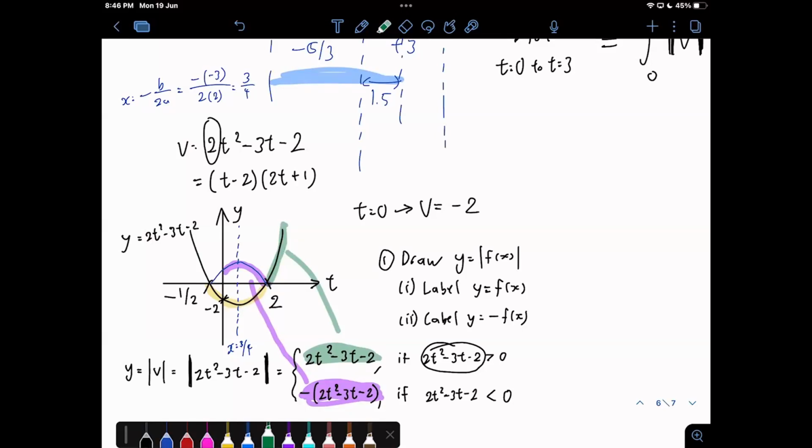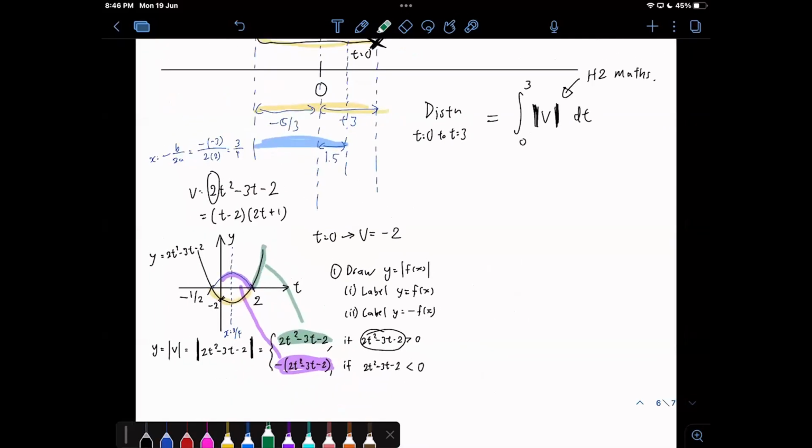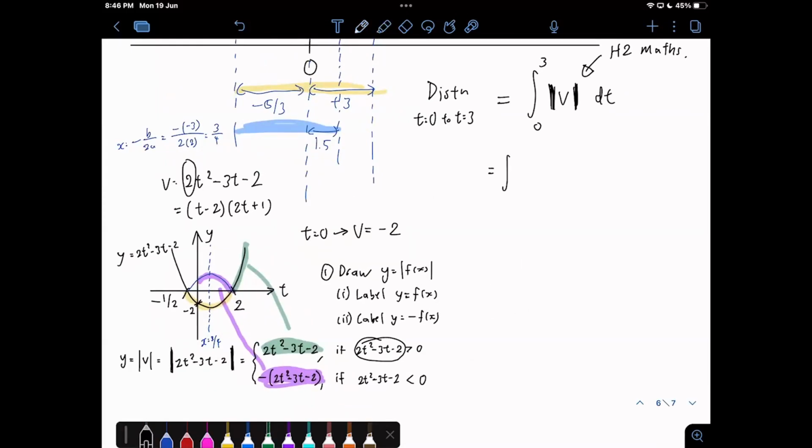Okay, so let's see. What does this mean now? That means that if we want to integrate this modulus of v, it's really just integrating two pieces. Can you see that there are two pieces? One piece here and another piece there. So when t equals 3, let's just label, this is 2. Where is my t equals 3? It's somewhere here. When t equals 3, my y coordinate is 3 comma, 2 times 3 squared minus 3 times 3 minus 2, which is a positive 7.